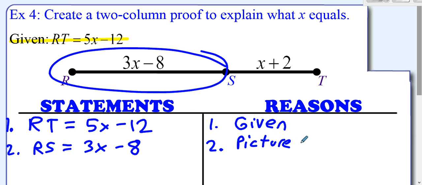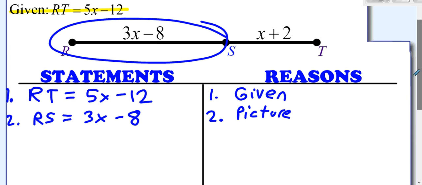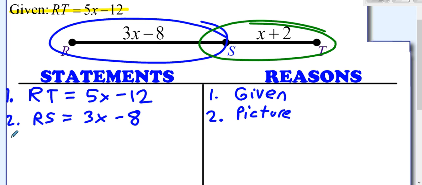If you said given, that's okay too. It's from the picture. And then similarly, we've got right there, ST is equal to x plus 2. Same thing from the picture.